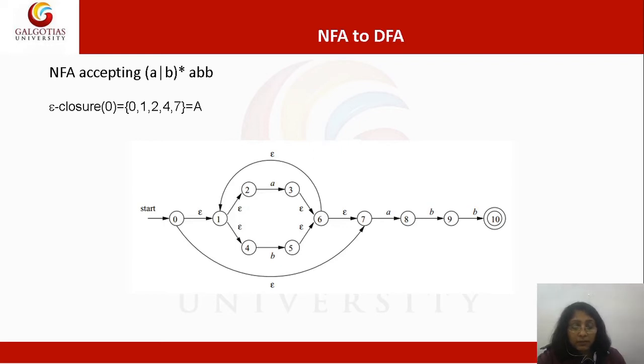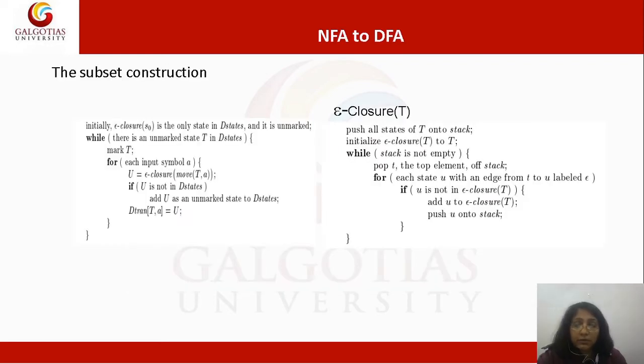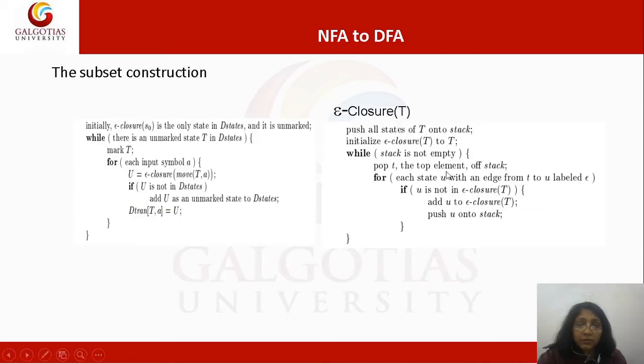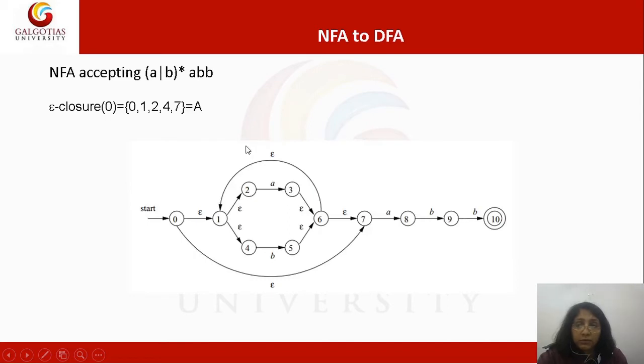Initially, as you have seen earlier, we start with epsilon closure of S naught. For this operation, we consider all the states which we can reach from state 0.